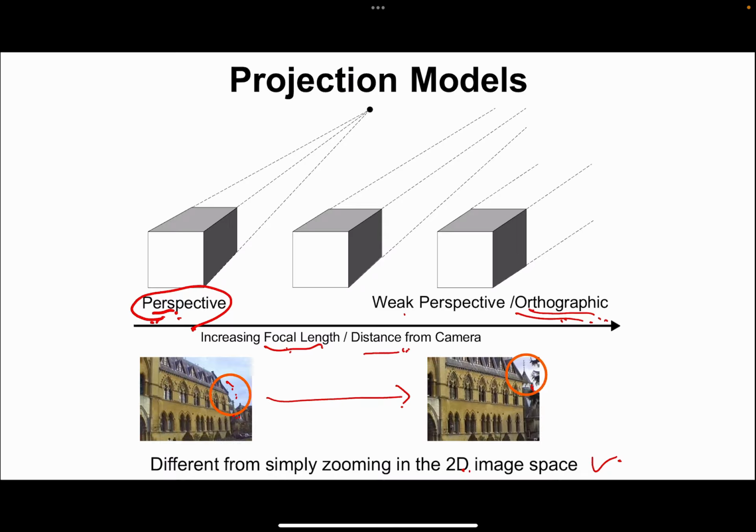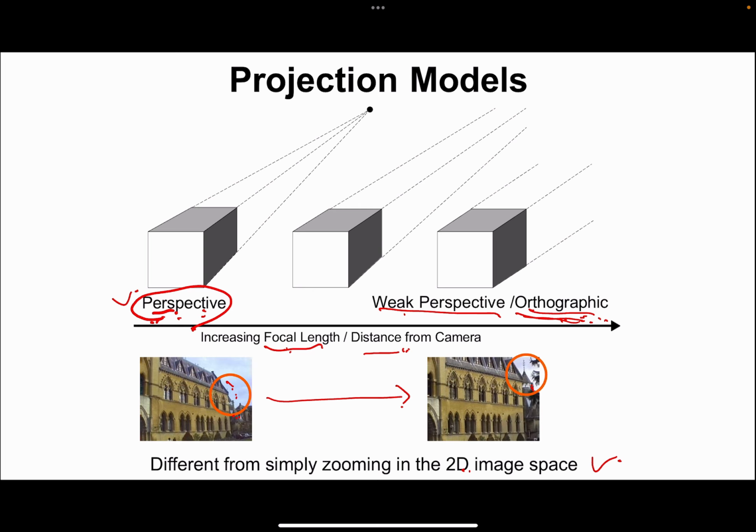So this shows some interesting visualization. Weak perspective projection is somewhere between perspective and orthographic. Perspective is the real stuff that is happening in our real world, and orthographic is just a very simplified version of projection. All the 3D objects are projected with the same size regardless of their distance from the camera.